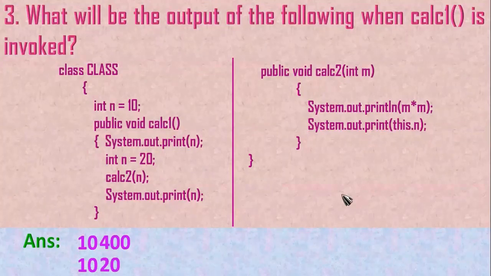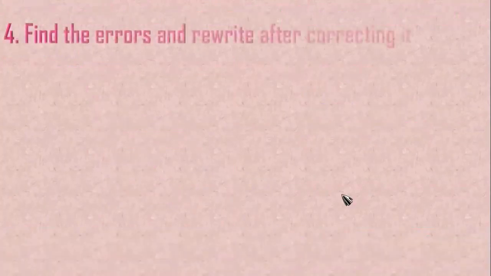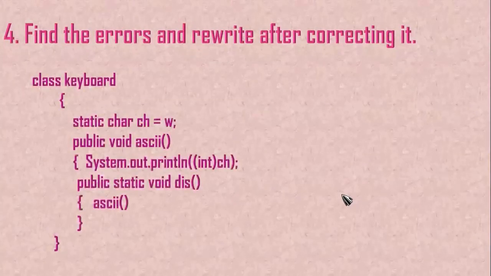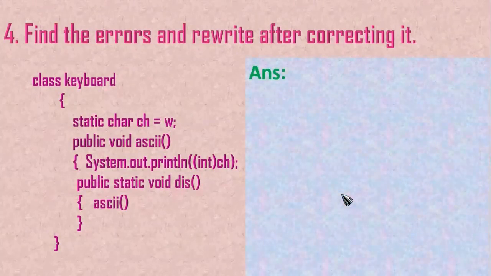Next question. Find the errors and rewrite after correcting it. Before writing, let us fully analyze the code. Class Keyboard, so there is no mistake. Here it is opened. Static char ch is equal to w.